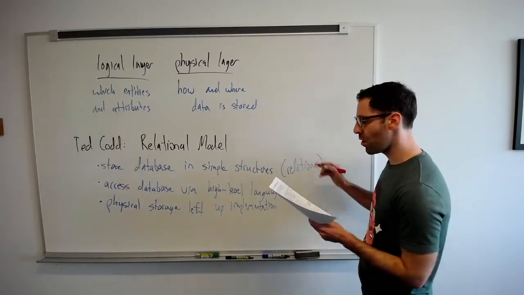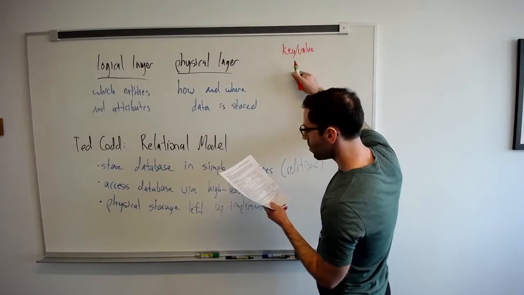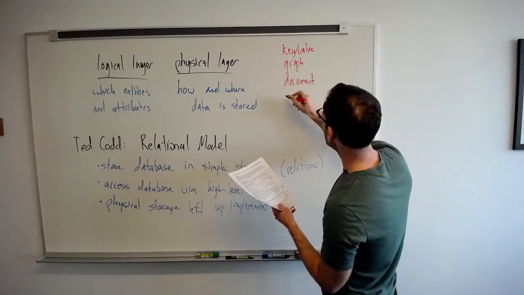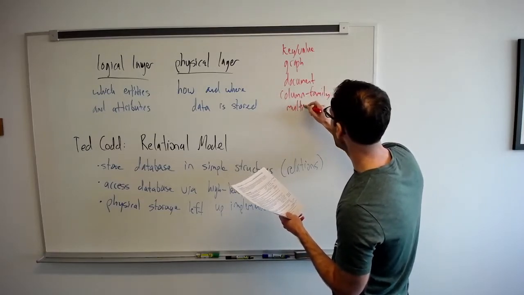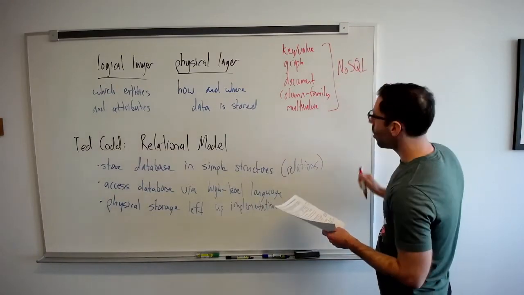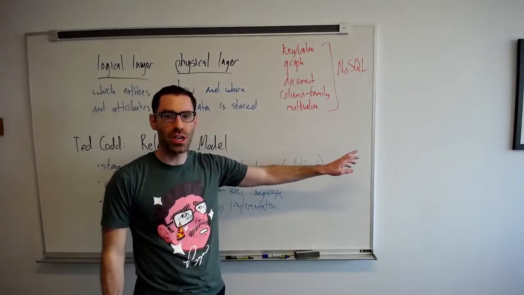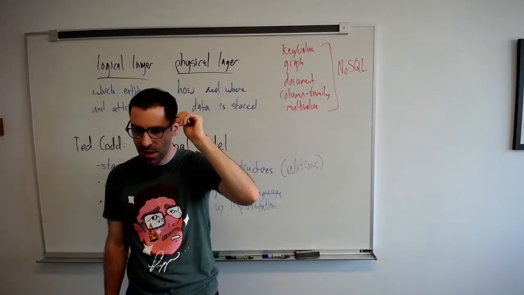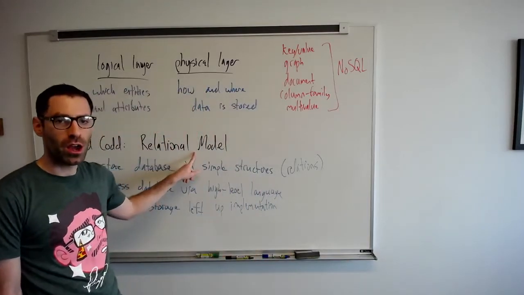There's a set which includes the key value model, graph data model, document, column family, and multi-value, and all of these are what is known as NoSQL models, which, as we'll get into starting next time, SQL is the de facto standard language for interacting with database systems, and in particular ones that use the relational model.